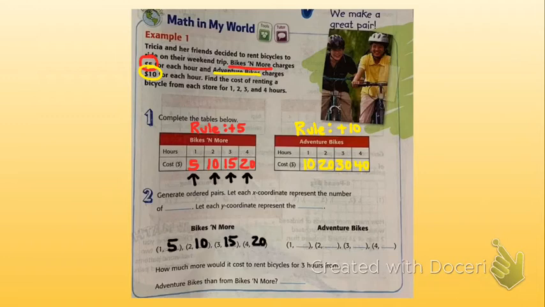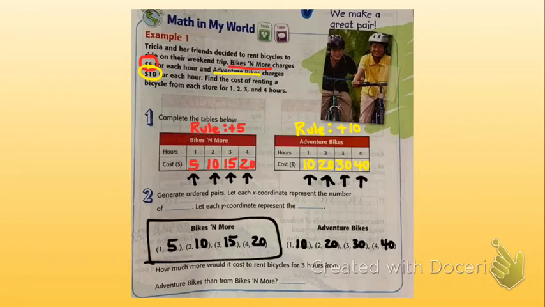And for Adventure Bikes, a point there, a point there, a point there, and a point there: 1, 10; 2, 20; 3, 30; 4, 40. All right, those are our ordered pairs for both of these two different bike companies. So they're asking this question here. How much would it cost to rent bikes for 3 hours from Adventure Bikes and then from Bikes and More?